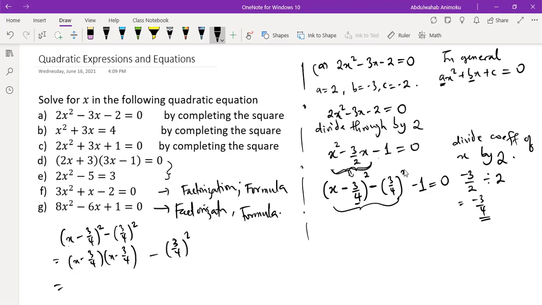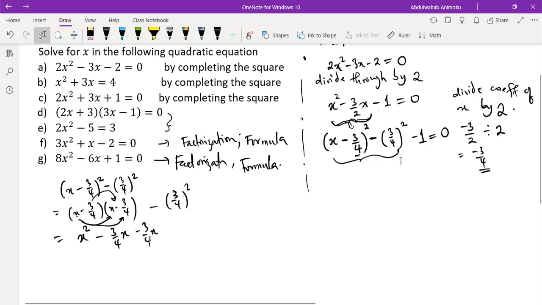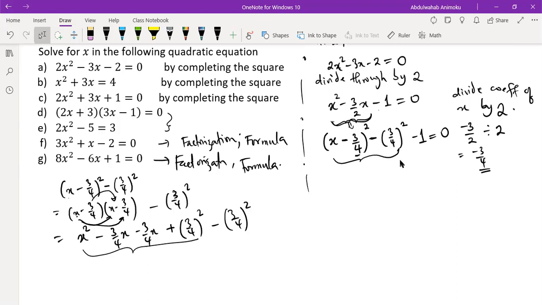When you multiply this, x times x gives us x squared. X times minus 3 over 4 gives minus 3 over 4x. The other one, minus 3 over 4 times x, is minus 3 over 4x. And then minus 3 over 4 times minus 3 over 4 gives us plus 3 over 4 squared. Then we still have minus 3 over 4 squared, the last term. So this is the expansion of this square.